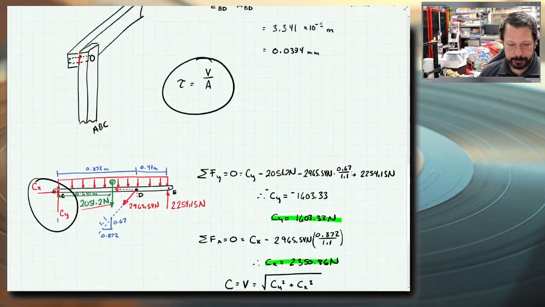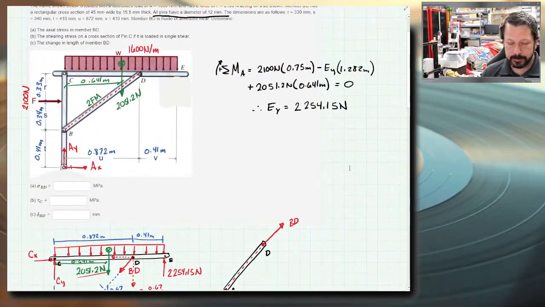So this problem is pretty straightforward on the frames and machines side of things. It does include a couple of things. You've got the distributed load. You've got the two-force member defined. If you don't find that two-force member, then this ends up being a simultaneous equation solver thing, because you have to write the free body diagram for ABC and CDE to get enough values to solve for everything.